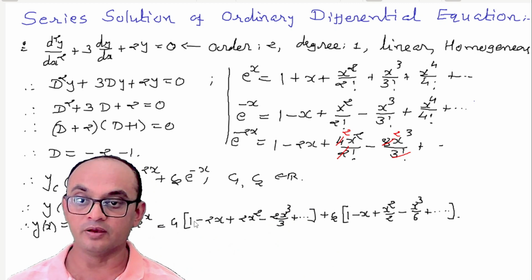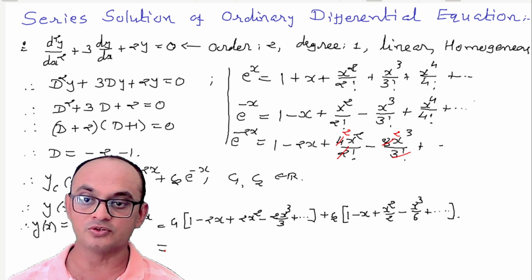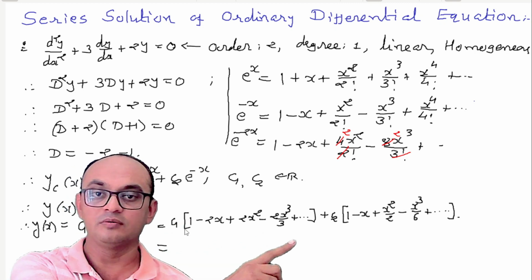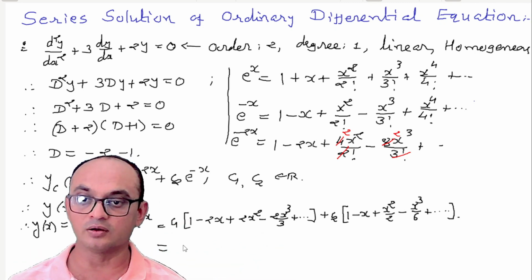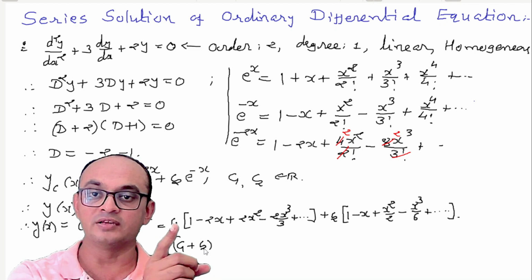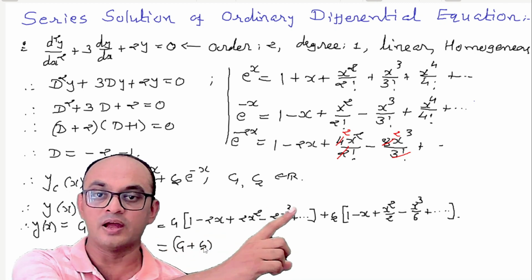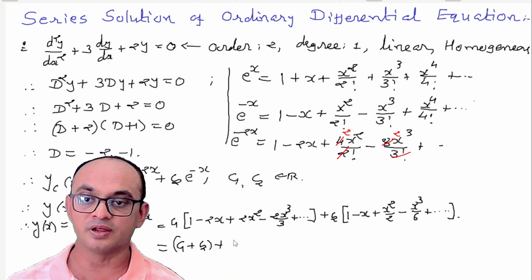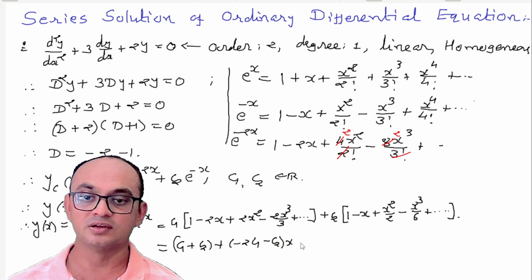So this is equal to the constant coefficients c1 into 1 plus c2 into 1, so it is c1 plus c2. Now the coefficient of x: here it is c1 into minus 2 and this side it is c2 into minus 1, so it is minus 2 times c1 minus c2, into x.